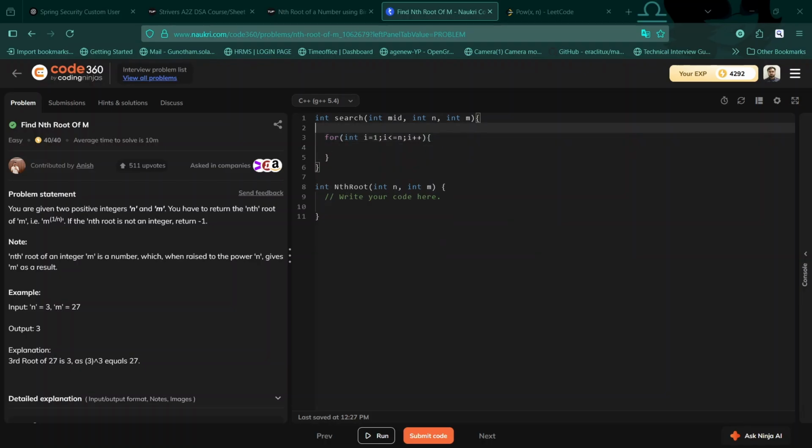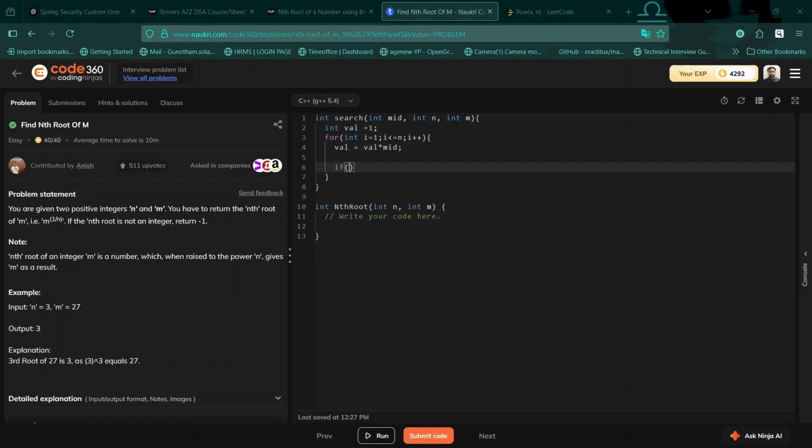Now I need to create a value, val equals 1. For every iteration I will set val equals val into mid.